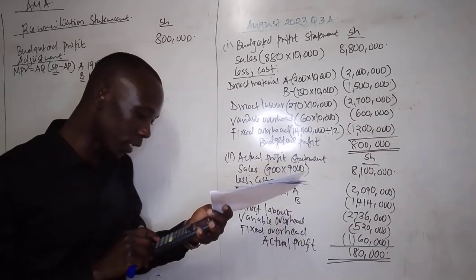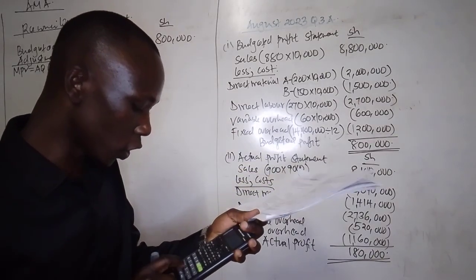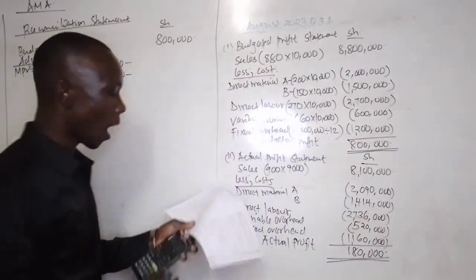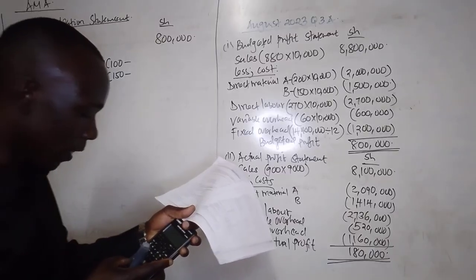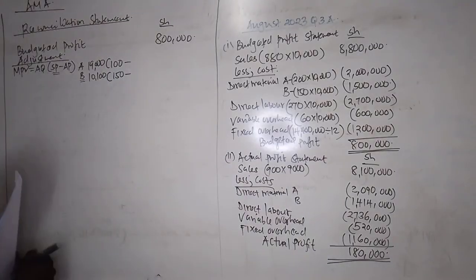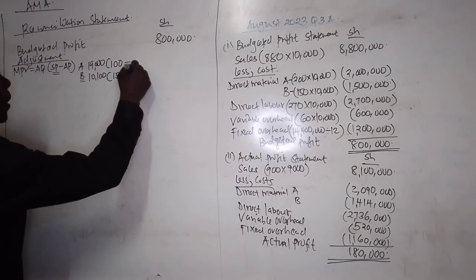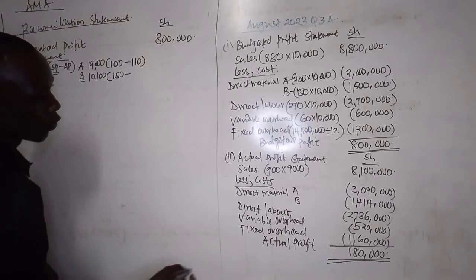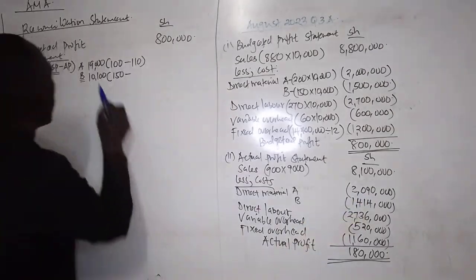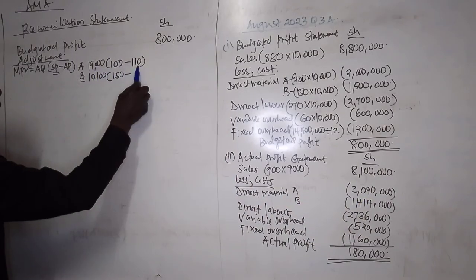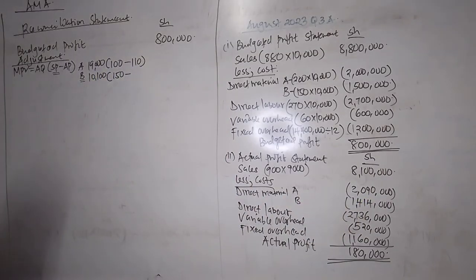We paid 20,90,000. We divide by the number of kgs to get per kg. So per kg we are getting 110. When you take this total and divide by this, it gives you this one. That's how we get per kg.